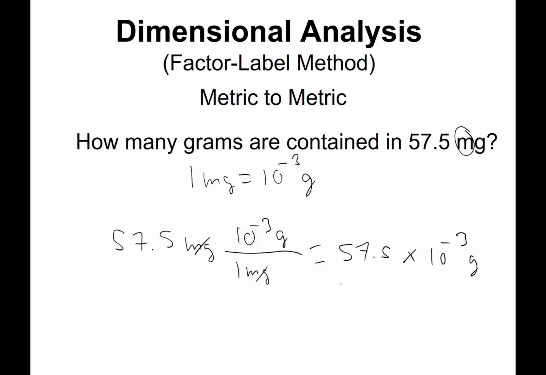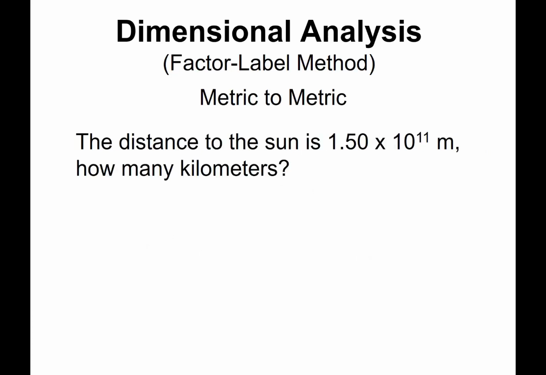And to move this into a better form, we should write 5.75 times 10 to the minus 2 grams, simply moving over the decimal by 1, which changes the exponent from minus 3 to minus 2, and so this is not a big deal.